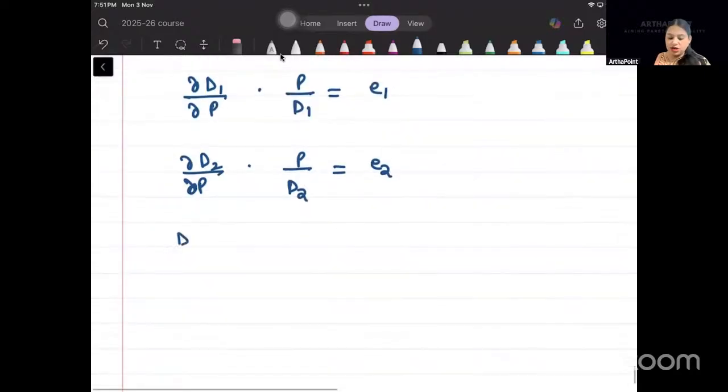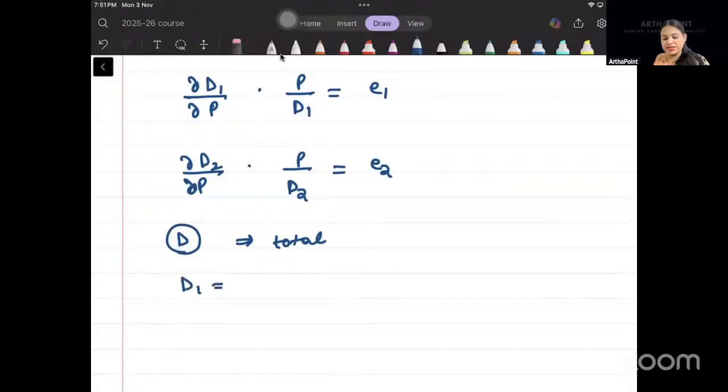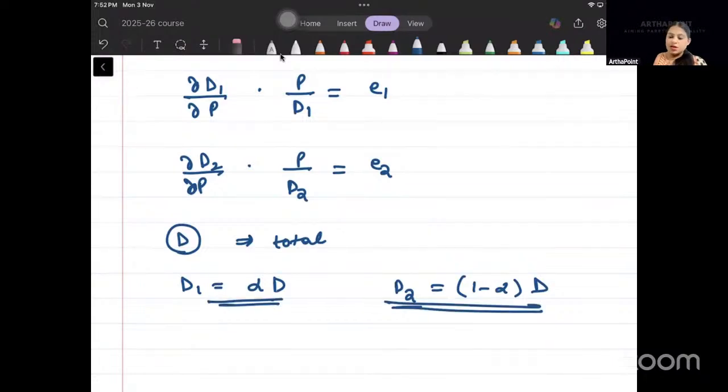And if I represent total demand by D, then D1 is alpha times D and D2 is 1 minus alpha times D. Alpha proportion is consumer 1 and 1 minus alpha is consumer 2. So here D1 can be replaced with alpha D and D2 can be replaced with (1 minus alpha) D.